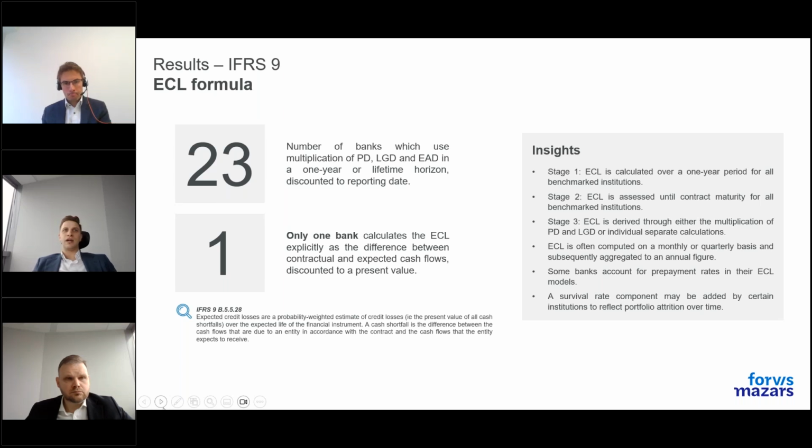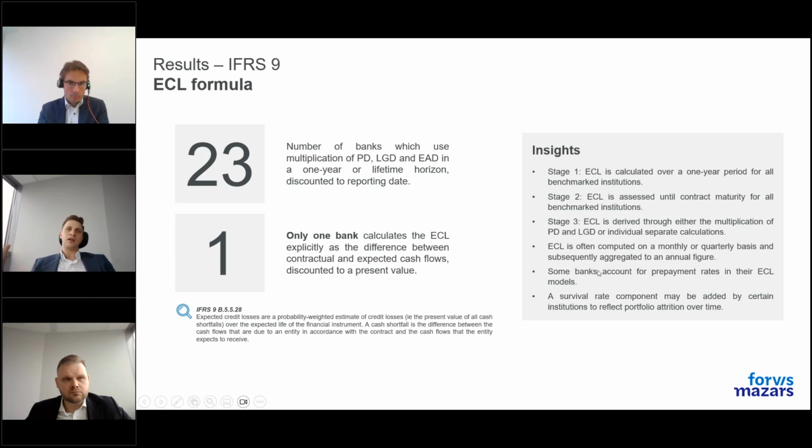Okay, and in regard to the ECL formula, on the next slide, out of our benchmark sample, we have identified only 1 bank which calculates the ECL explicitly as stated in the standard in IFRS 9. As you can see at the bottom of the slide, there is 1 paragraph from IFRS 9 saying that the cash shortfall is the difference between the cash flows that are due to an entity in accordance with the contract and the cash flows that the entity expects to receive.